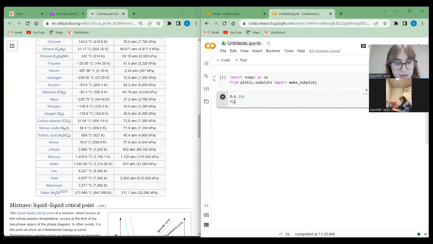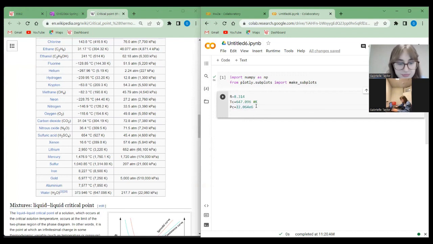Our temperature is going to be 607.86, and this is in Kelvin. And then our pressure is e to the 6th, and this is in pascals.